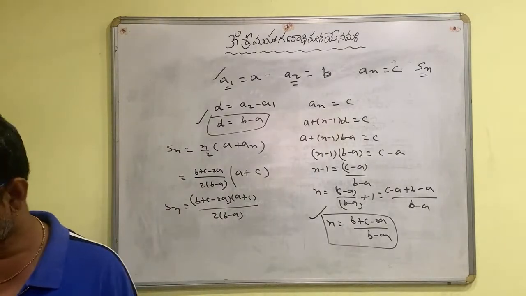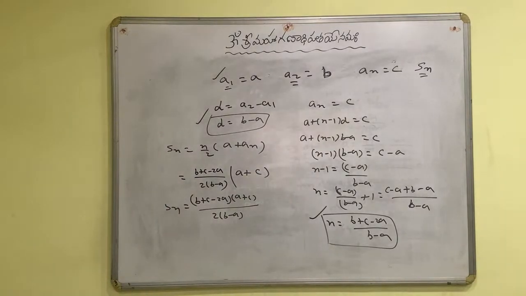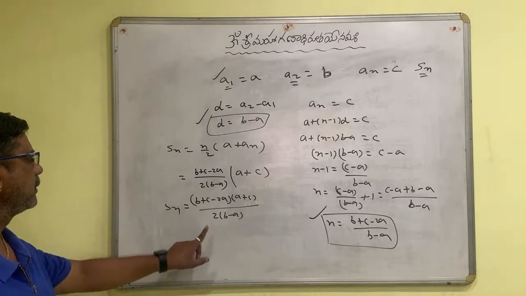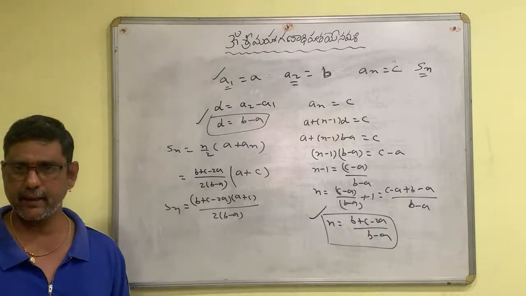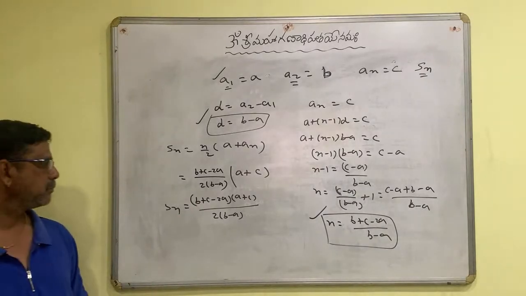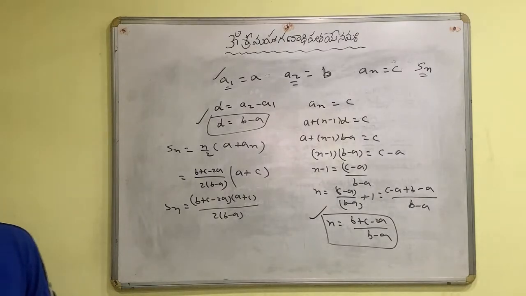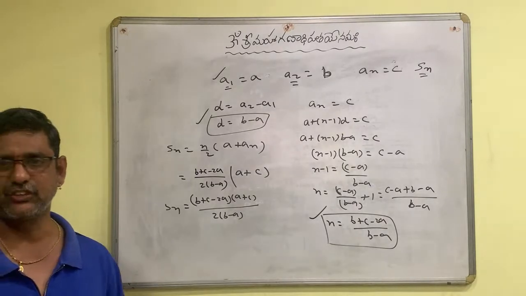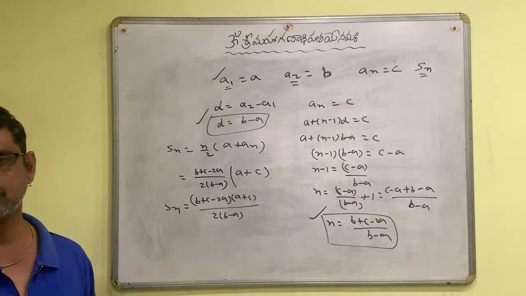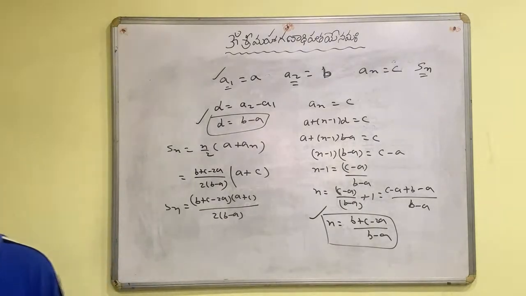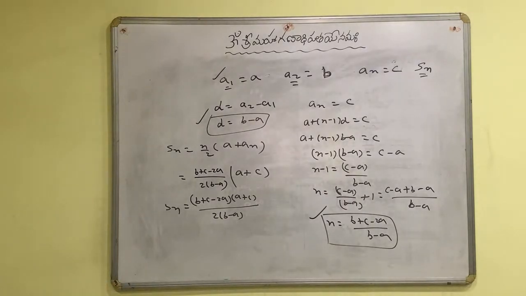Sn is equal to b plus c minus 2a into a plus c by twice of b minus a. Okay na?